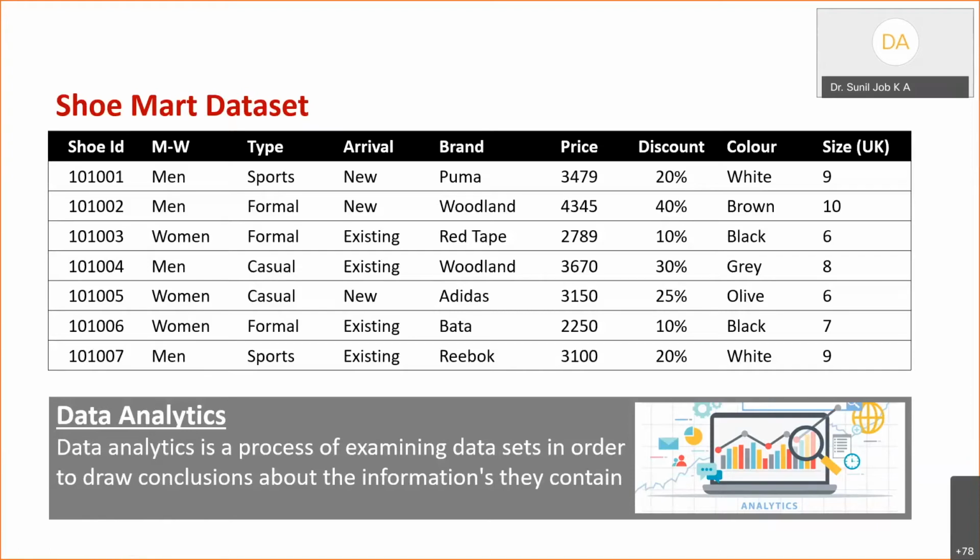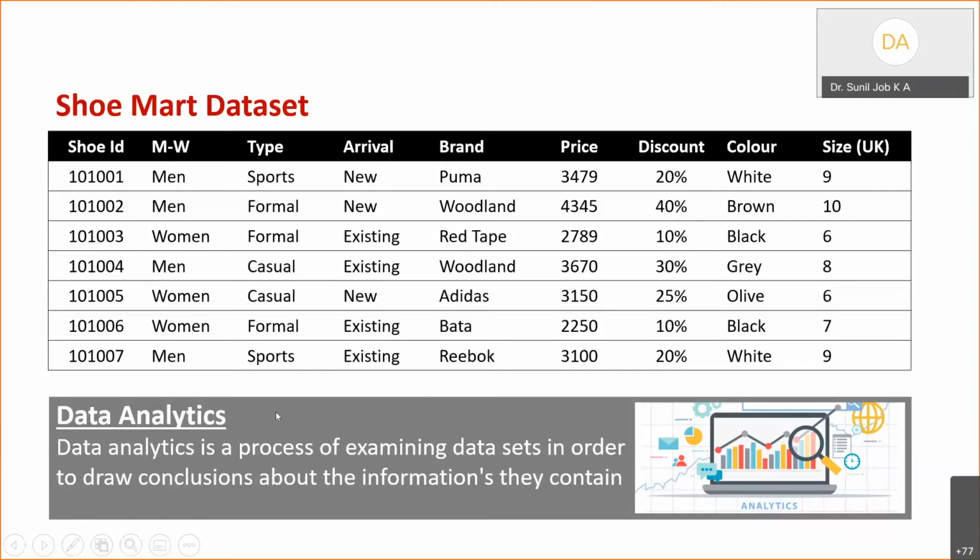It is a row and column arrangement where each row signifies an object or a data point, and each column signifies a variable, or we can call it an attribute. The variable can be a dependent or independent variable. That is at a further stage of analysis. So we have just converted whatever we have seen in that shoe mart into a data set.